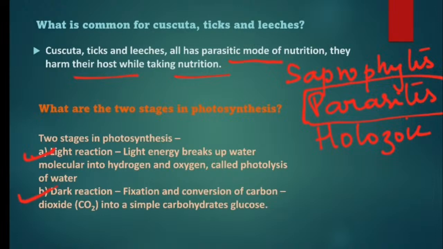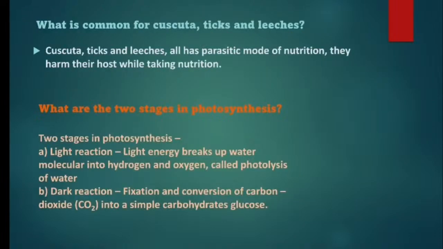In light reaction, light energy breaks up water molecules into hydrogen and oxygen, called photolysis of water, because this splitting of the water molecules takes place in the presence of light.